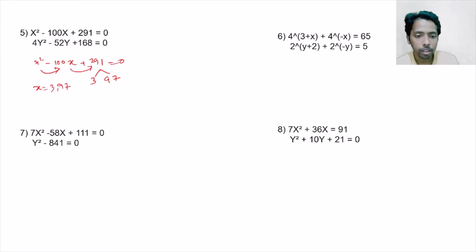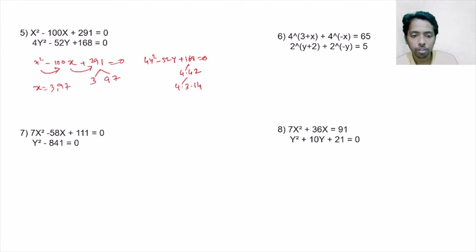Next one is 4y square minus 52y plus 168. This is 4 into 42, right? Further factorize this: 4 into 3 into 14.